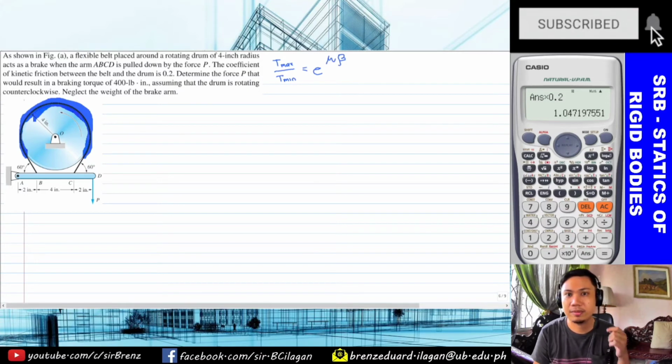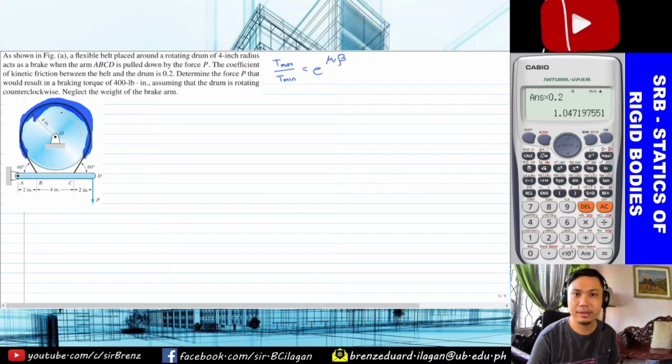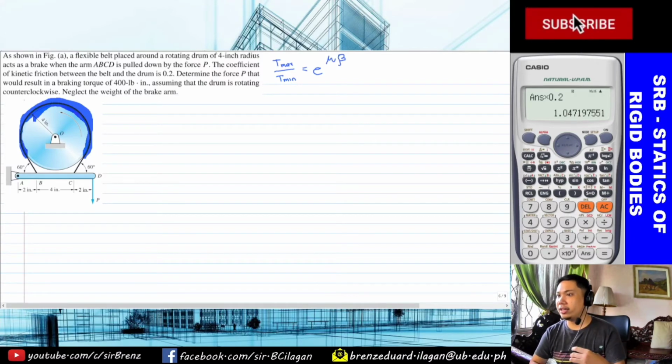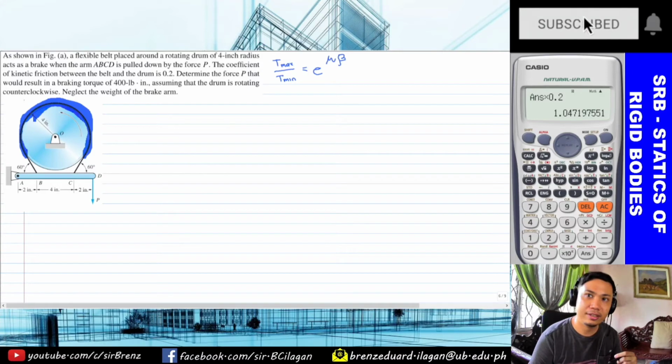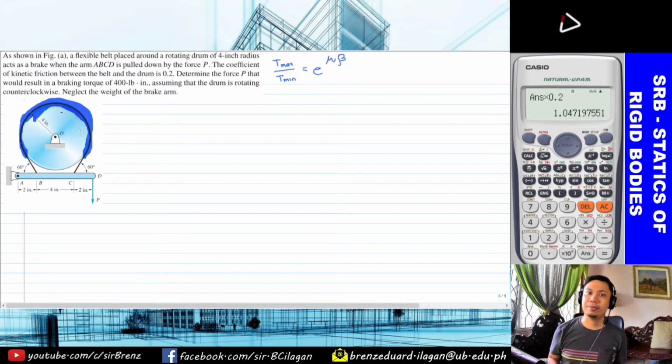Because there are some problems na in terms of revolution yung contact angle do sa iyong object na ina-analyze. Okay? So, ayun nga, nakadepende yan kung ilang revolution, kung ilang roll, kung ilang pulupot ng lubid yung ginawa. So, yung total angle na yun, yun yung i-consider mo for beta.